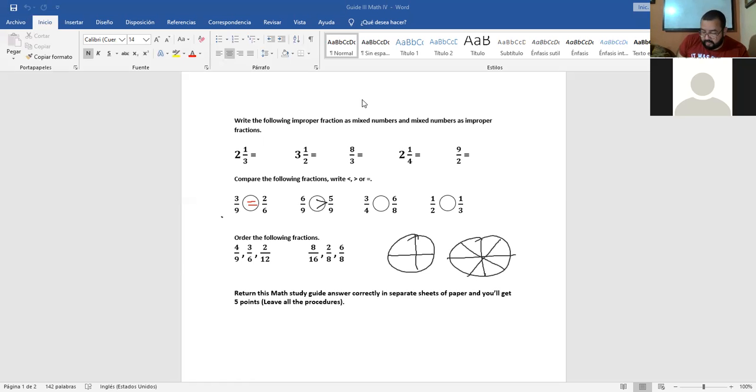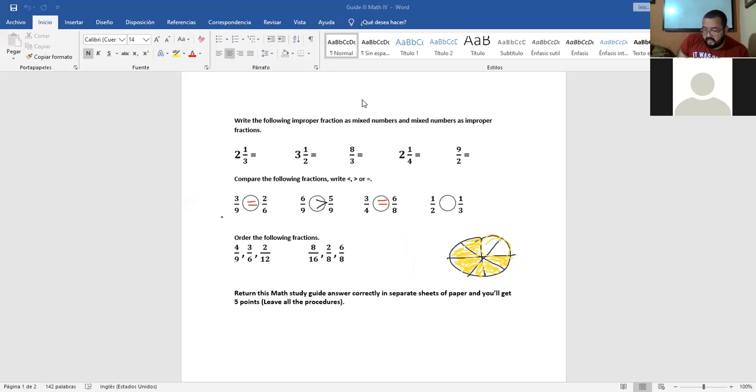Okay, 3/4, we're going to color 3 parts out of 4. 1, 2, and 3. And in this one, we're going to color 6 parts. 1, 2, 3, 4, 5, and 6. As you can see, again, we have this part and this part, they look the same, right? So the answer is going to be equal.